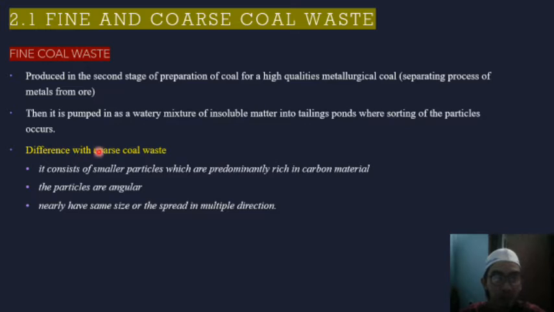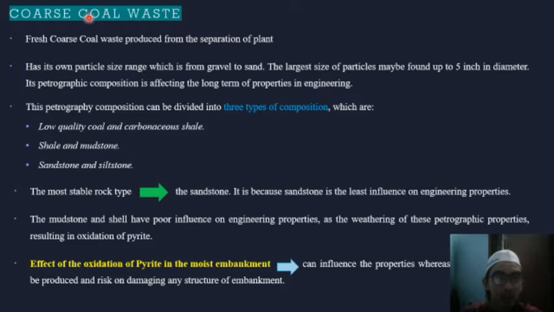The difference from coarse coal waste is that fine coal waste consists of smaller particles which are predominantly rich in carbon material. The particles are angular and nearly the same size, or spread in multiple directions. Next is the coarse coal waste.